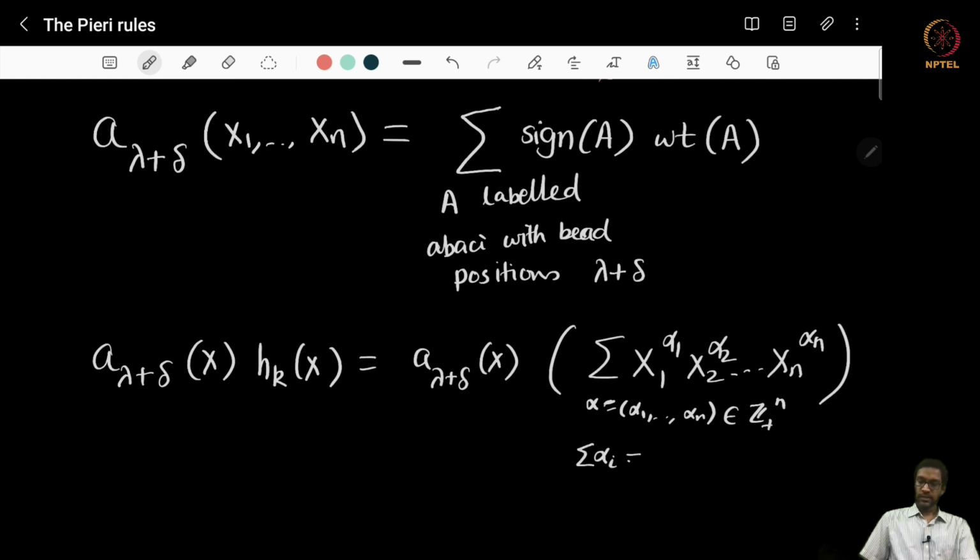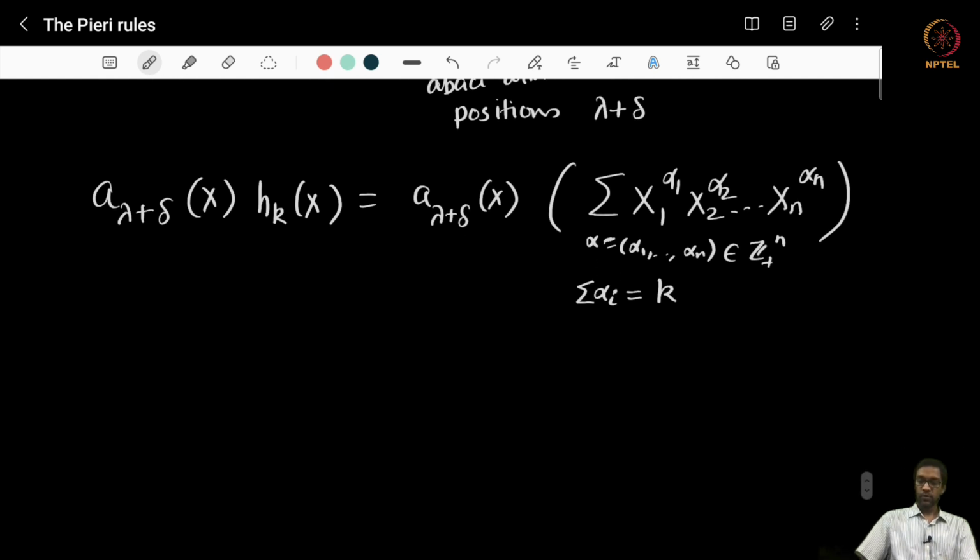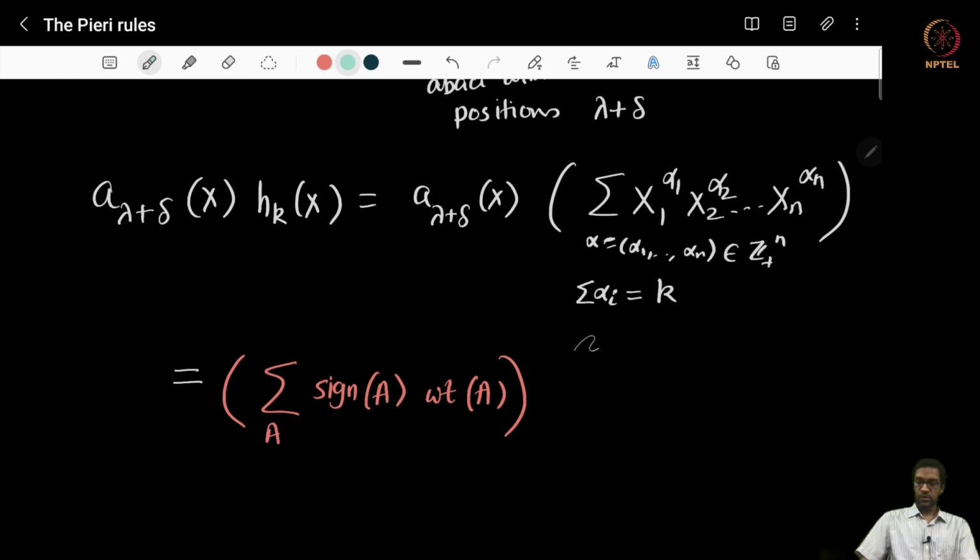Now let's use the equation that's just above. We will rewrite this as, on the one hand, A lambda plus delta is the sum over labeled abaci, and the second term is the sum over all x to the alphas, where alpha runs over multi-indices of total weight k.